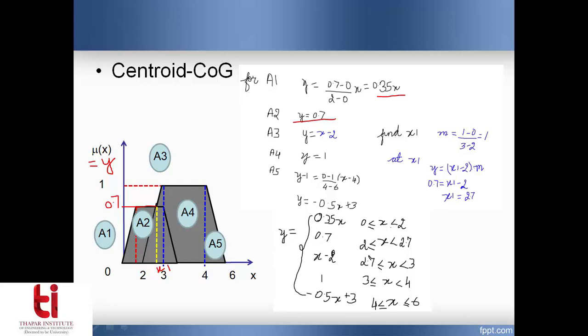Between x1 and 3, again I have a sloping region. So I have to identify the slope first, and I need to find x1. To find x1, I first find the slope. These are the 2 points which are governing the slope.